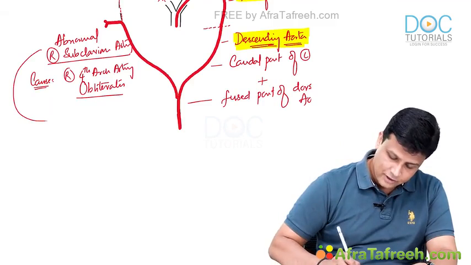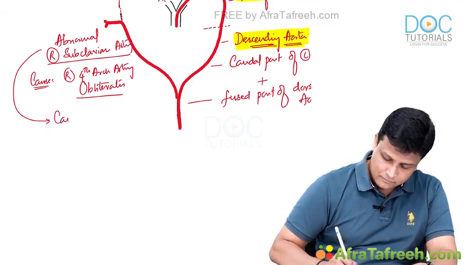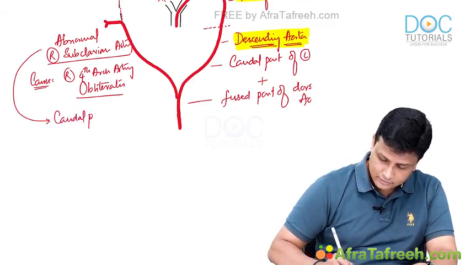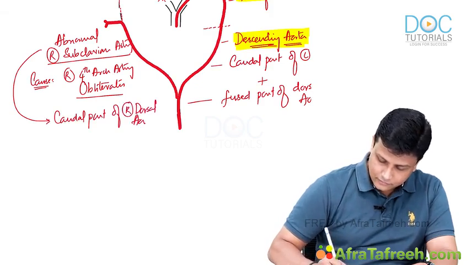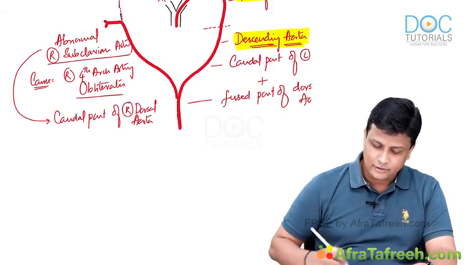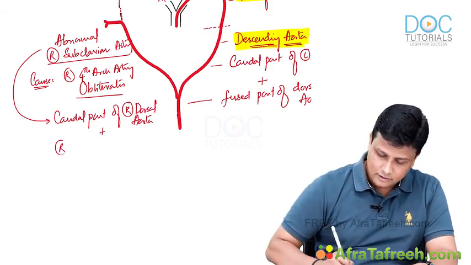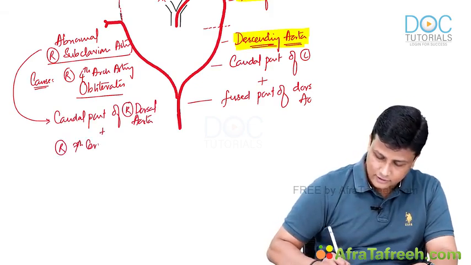It is formed by the caudal part of the right dorsal aorta plus the right seventh cervical intersegmental artery.